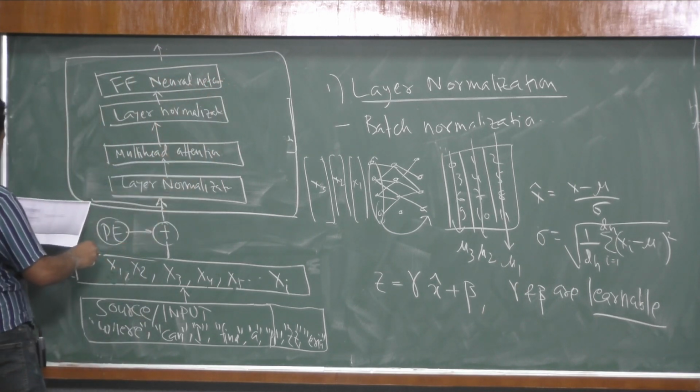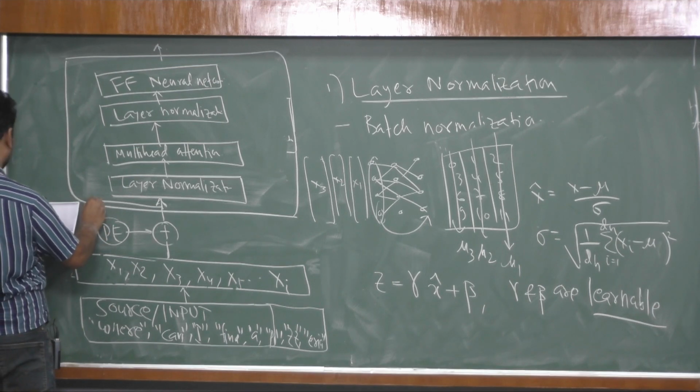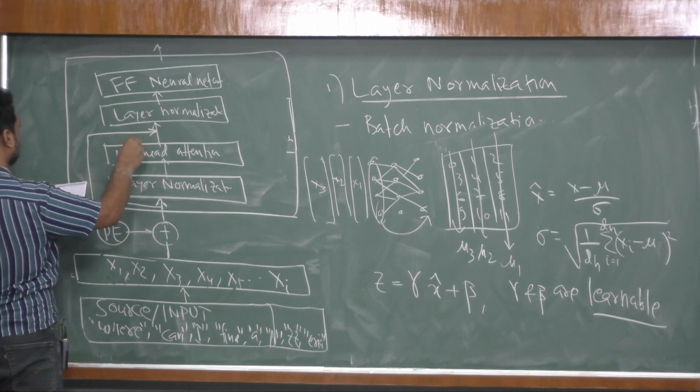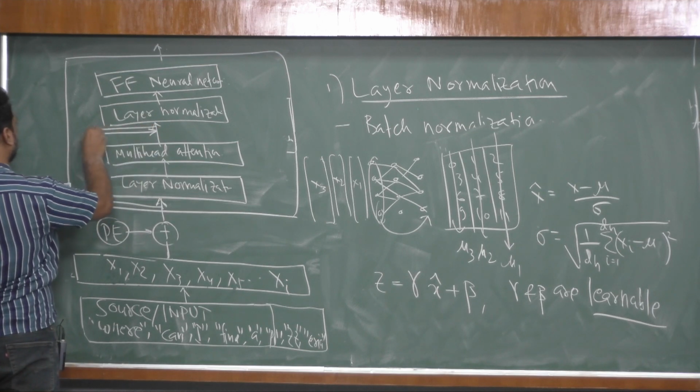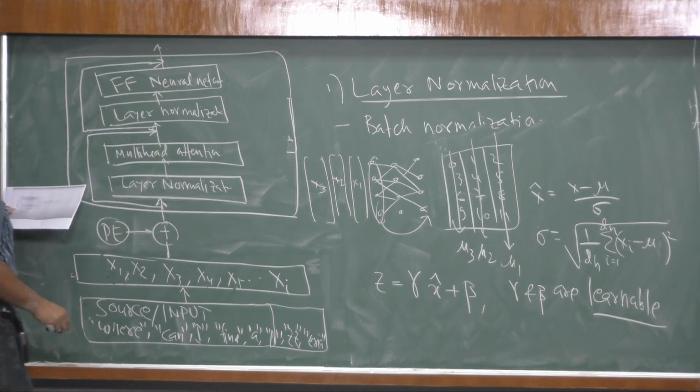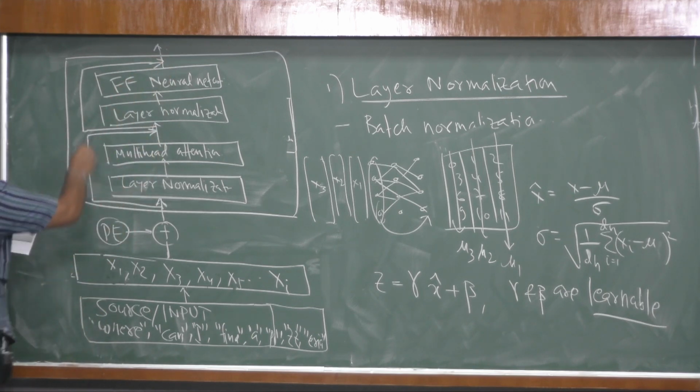The way it is done is that there is a skip connection from here to the layer normalization here, and then a skip connection from here to the output that goes here. And finally, obviously, we have an output.